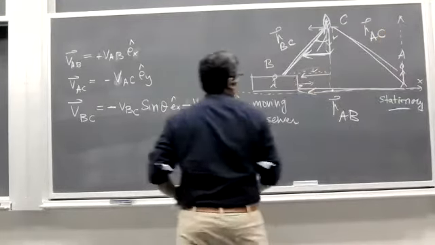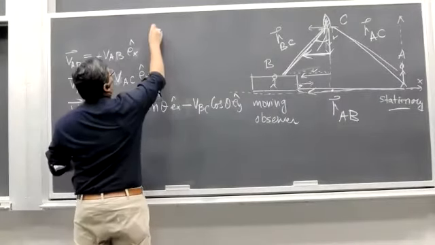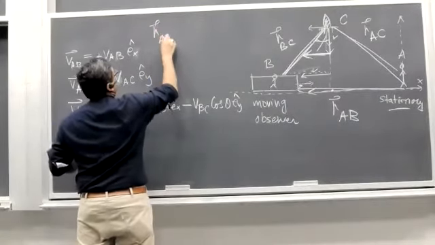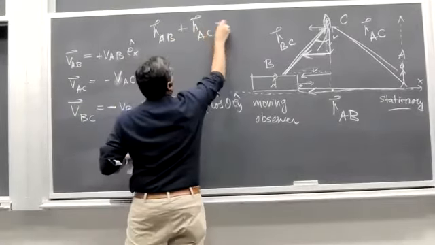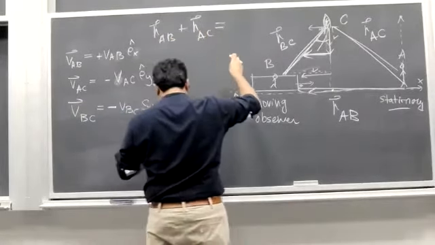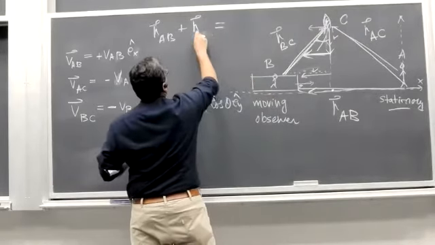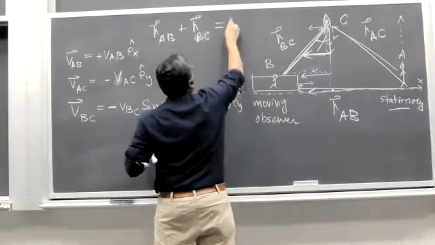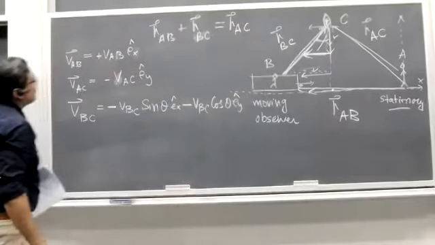And as you can see, I can sum RAB plus RBC equals RAC, right?